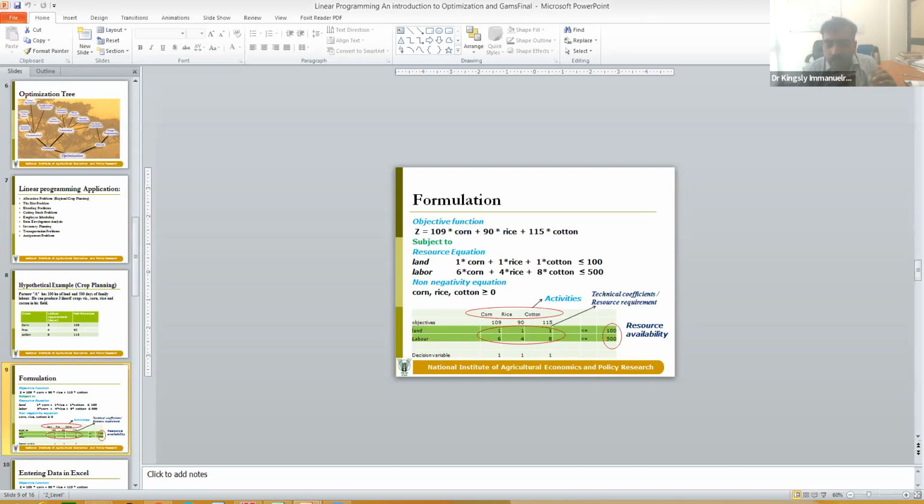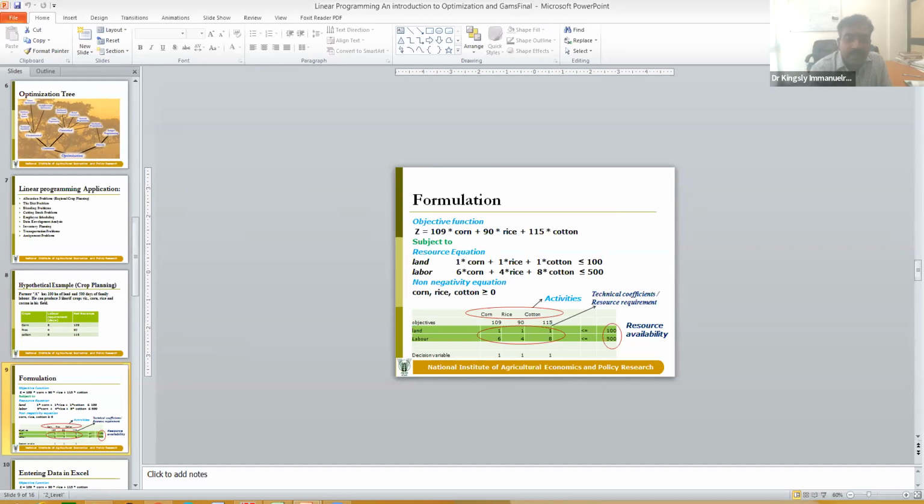So for the labor equation, you read it as 6, the labor requirement to produce a hectare of corn, times area under the corn, plus 4, the labor requirement to produce a hectare of rice, times area under the rice, plus 8, the labor requirement to produce a hectare of cotton.